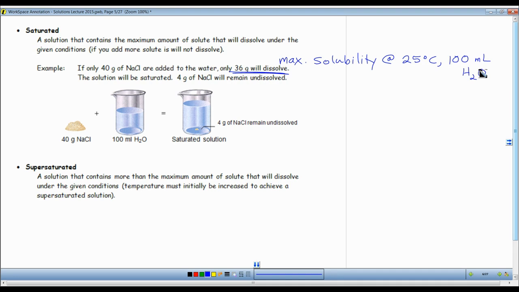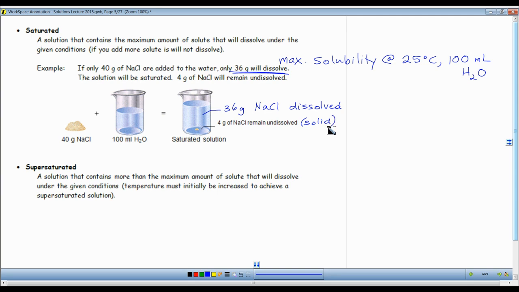So if I add more than 36, that's fine, but it's not all going to dissolve. 36 grams will dissolve, and the rest will remain undissolved. So essentially, up in here, there are 36 grams of sodium chloride dissolved, and the other 4 remain undissolved or solid.